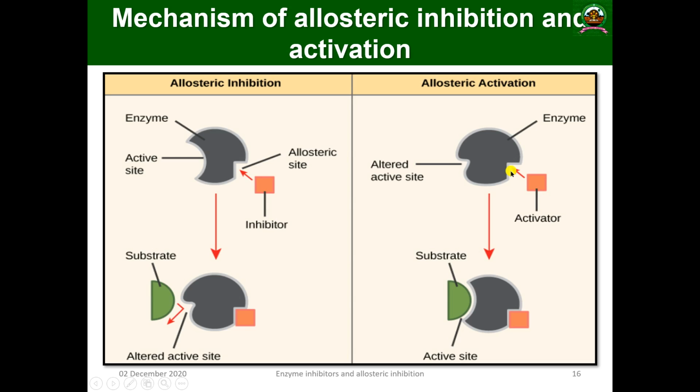Once it binds, it will again change the conformation of the active site, and that makes the active site suitable for the binding of the substrate. The activator binds here and changes the conformation of the active site so that the active site is now open for the binding of the substrate.